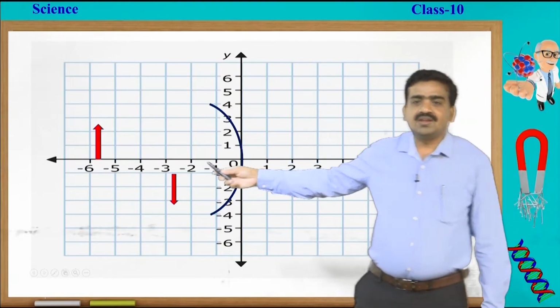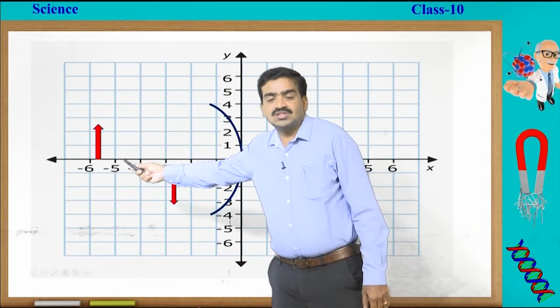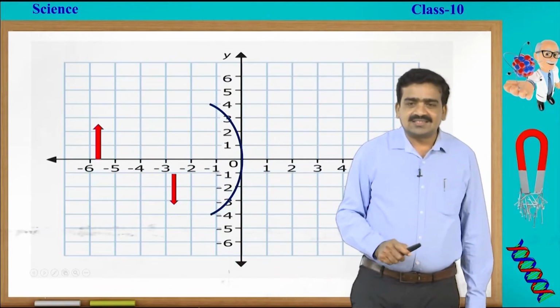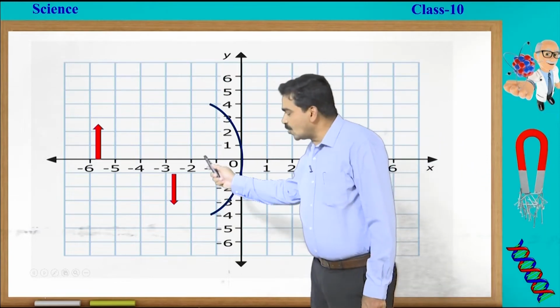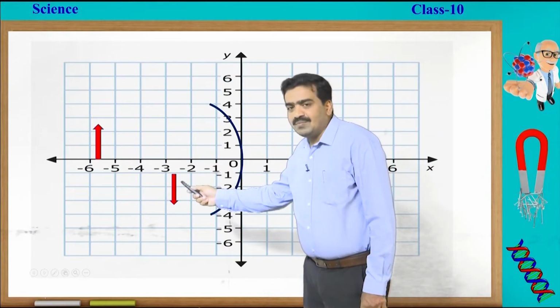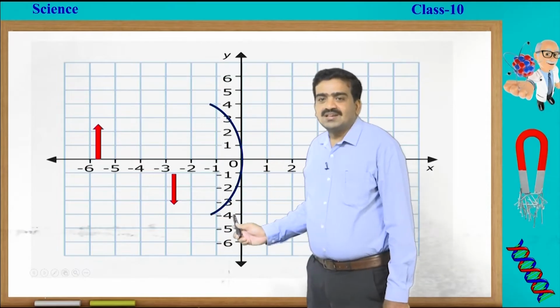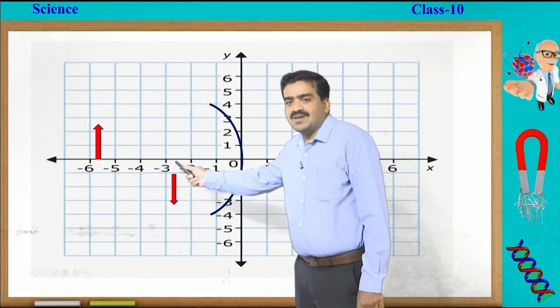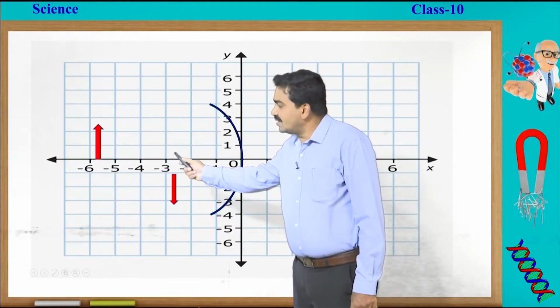Here you are seeing the position of the object on the negative part of the x axis, and this downward arrow mark indicates the image height, and it is towards the negative part of the y axis, and here the image is formed on the negative part of the x axis.